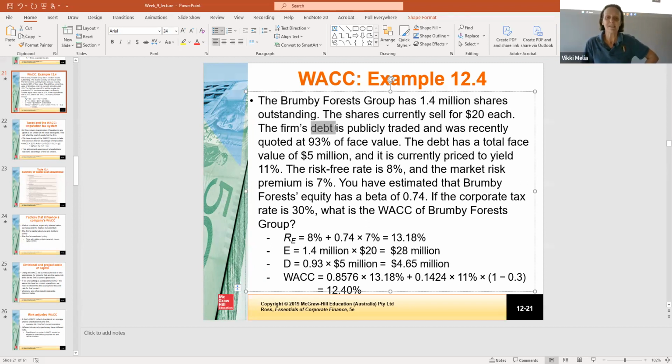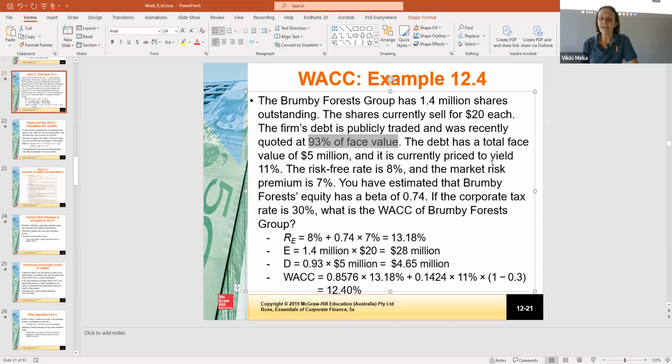They also have debt and it's traded. So that's good. We can get a market value. The debt was recently quoted or traded at 93% of its face value. So this will help us to work out the market value of the debt. The total face value of the debt is 5 million and the market value is 93% of that face value.